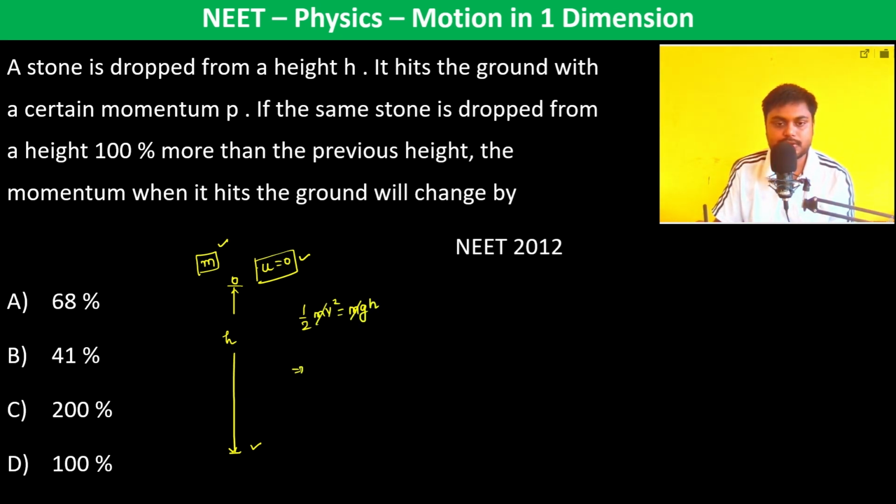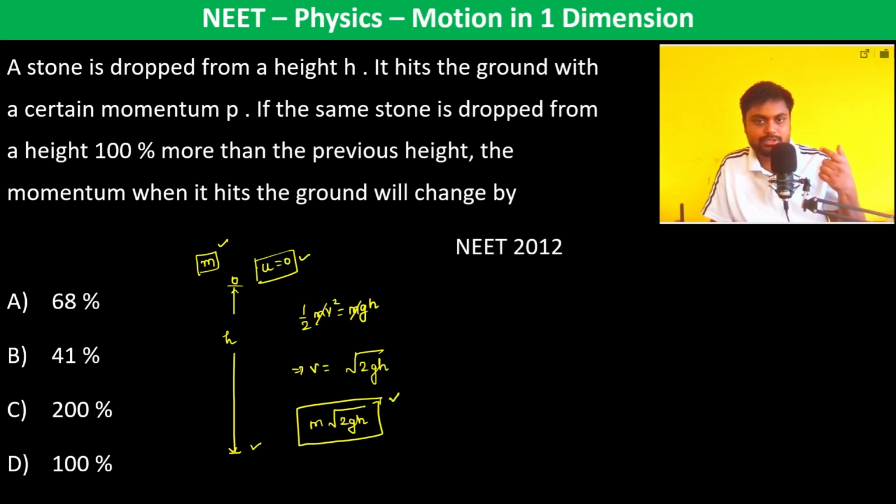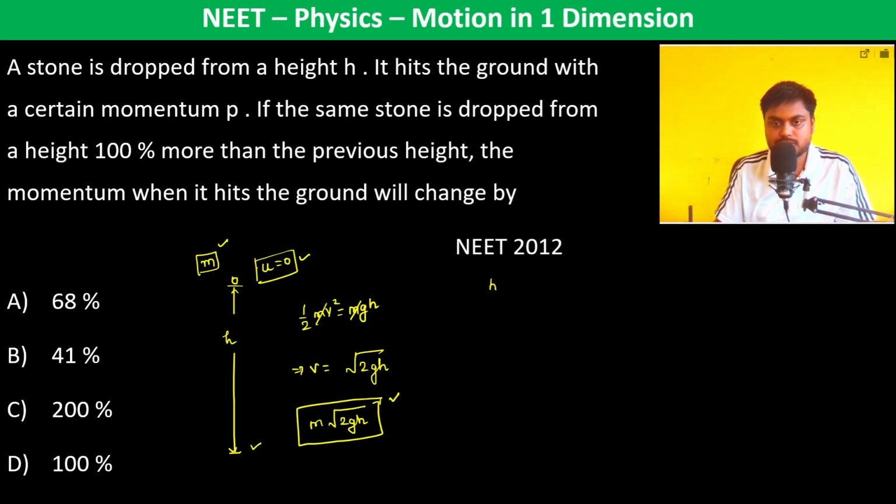The m goes. Therefore the velocity is root over 2gh, so the momentum is m root 2gh, with which it is hitting the ground. If the same stone is dropped from a height 100% more than the previous height, now h becomes 2h.